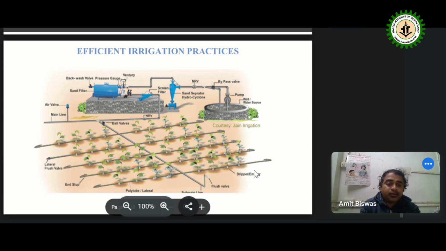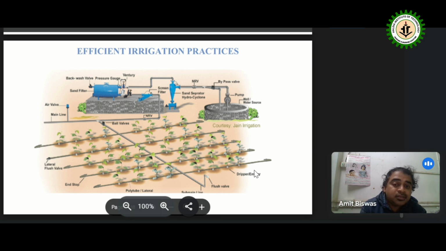Water seeps through that dripper or emitter and water is only allowed to drop at the root zone. That's why there is no water stagnation, water loss is minimized, evaporation loss is minimized, and the water footprint is least under drip irrigation system.